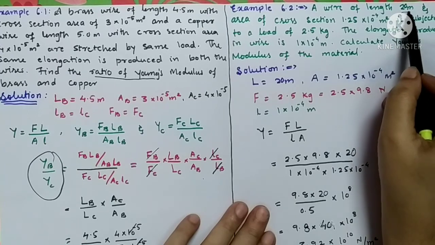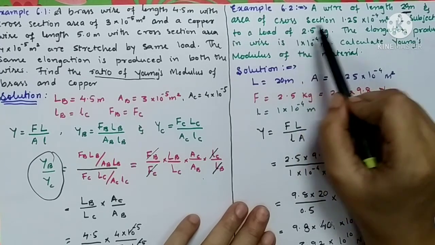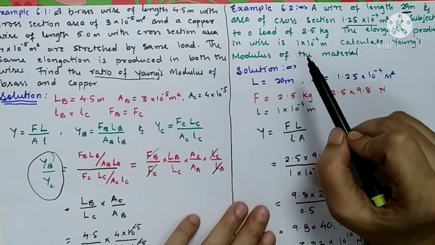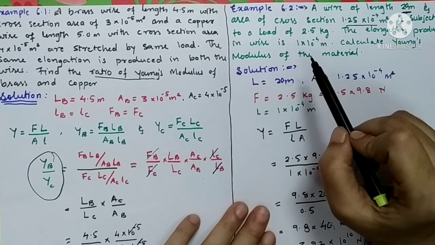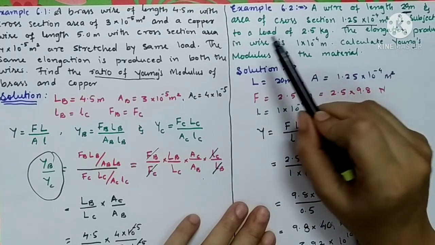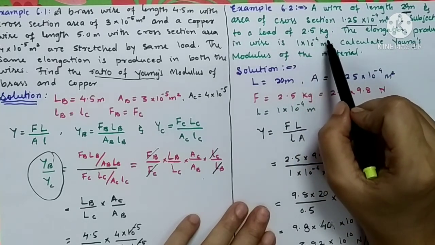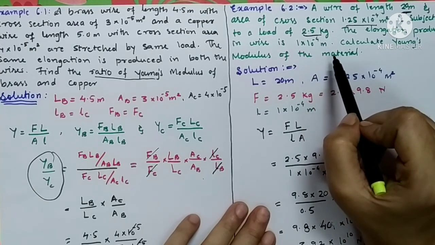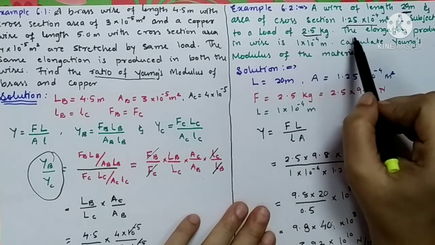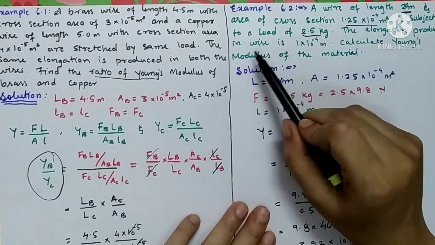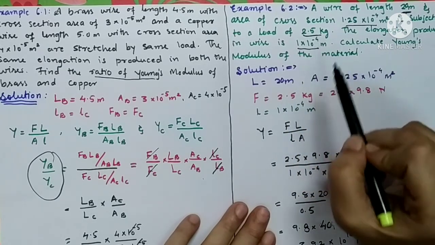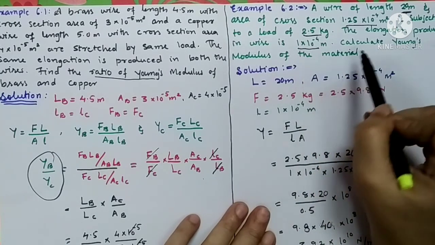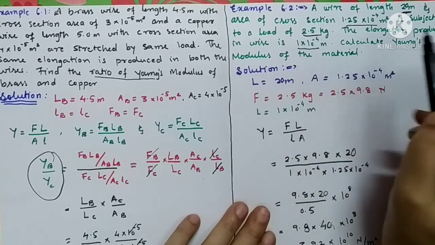It is subjected to a load of 2.5 kg, which is the force subjected to the wire. The elongation produced in the wire is 1 into 10 raised to minus 4, this is the value of small l. Calculate the Young's modulus of the material.